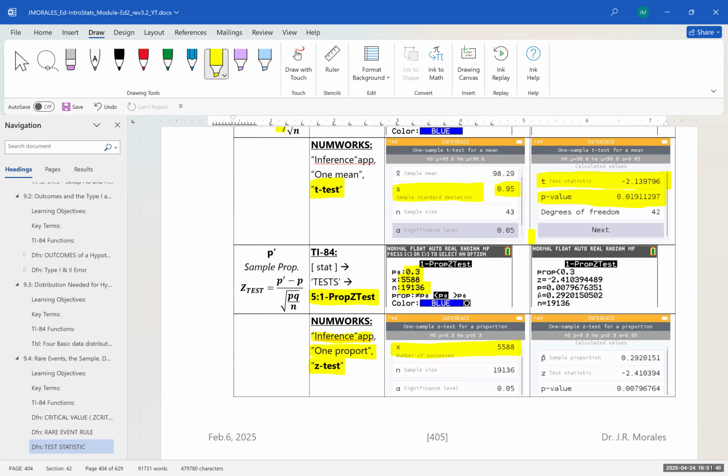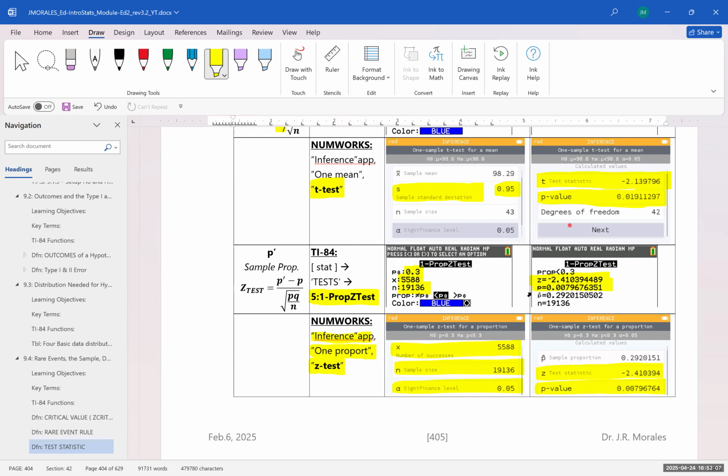Here, this one's asking for significance level. And then it outputs a z-test statistic and a p-value.